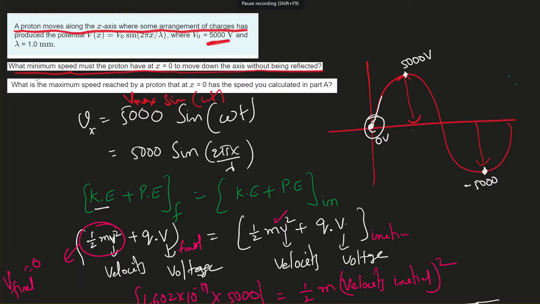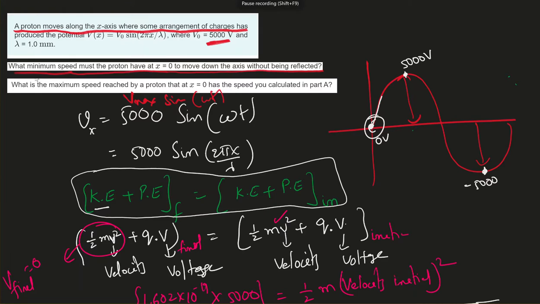Anyway, the basic rule we know is we cannot create energy, we cannot destroy energy. So all we can do is convert one form of energy into another form. So I know that kinetic energy plus potential energy final value must be equal to kinetic energy plus potential energy initial value. Kinetic energy is half m v squared, where v is the velocity.